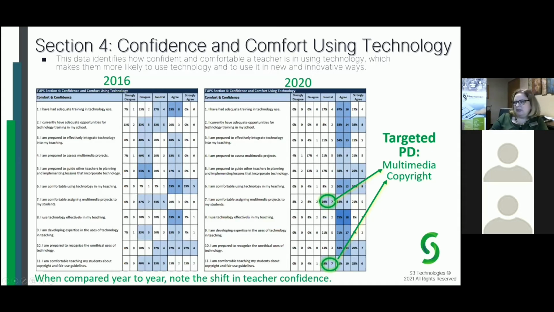They feel more comfortable with it based on the training that we did. You can also see that areas of strongly disagree and disagree, there's very few in there as opposed to previous years. So again, we're trying to move the teachers over to the agree, strongly agree, I'm comfortable, I'm confident, I can use this, I'm not afraid of it.